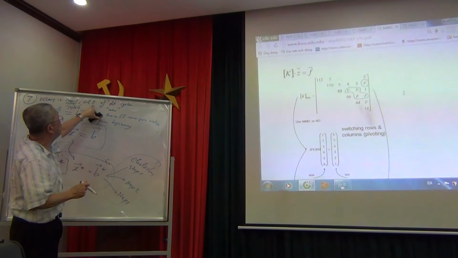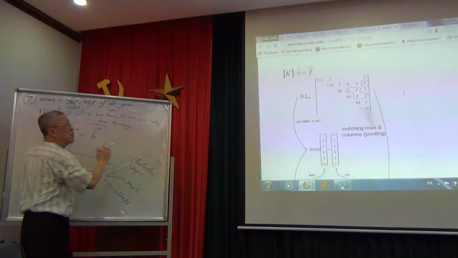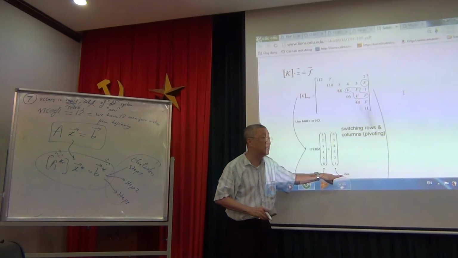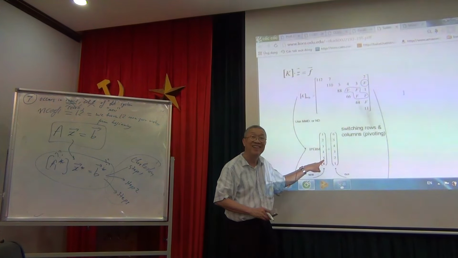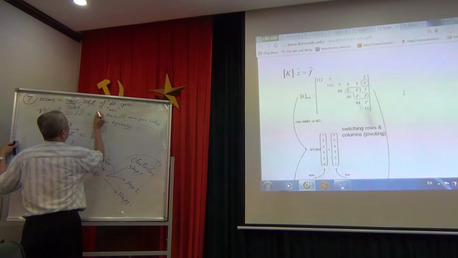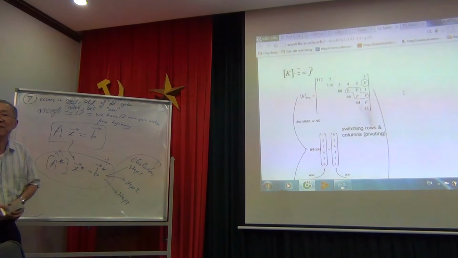Now, column 2 in the old system becomes column what? Column 5 in the new system.